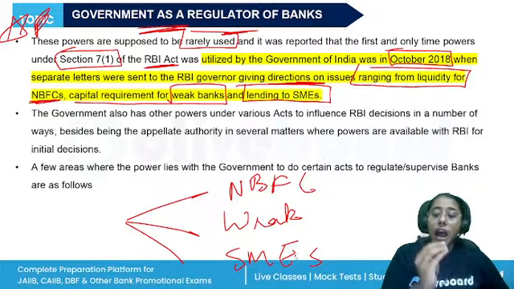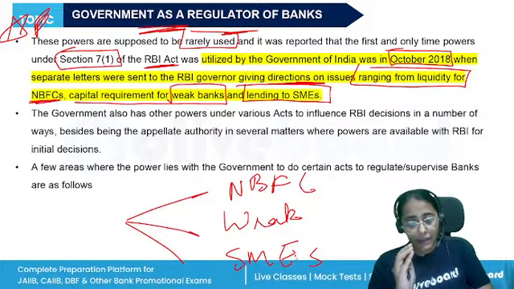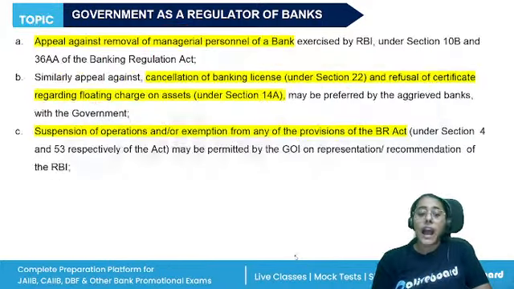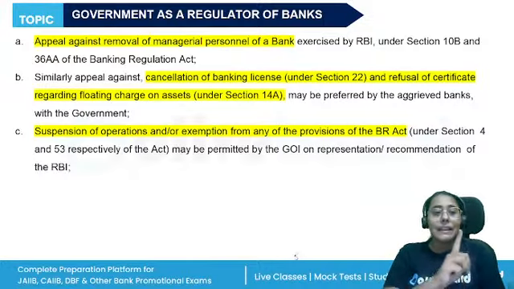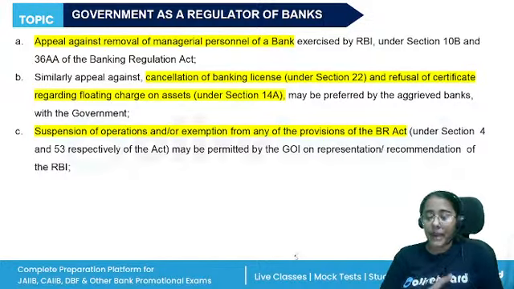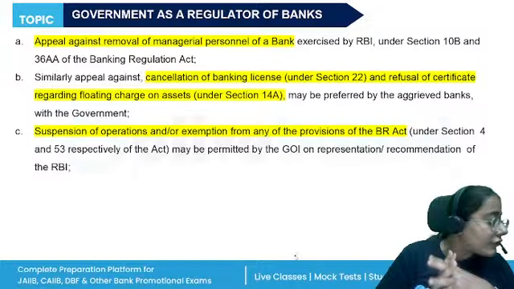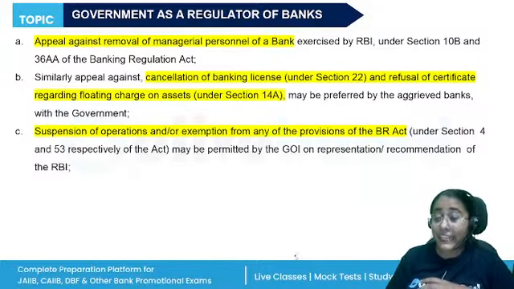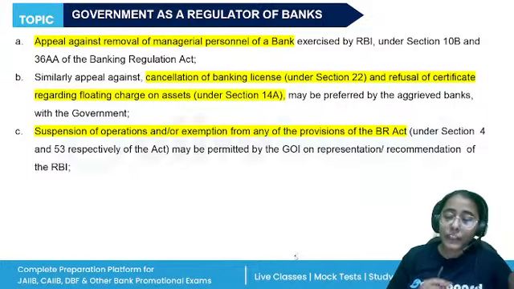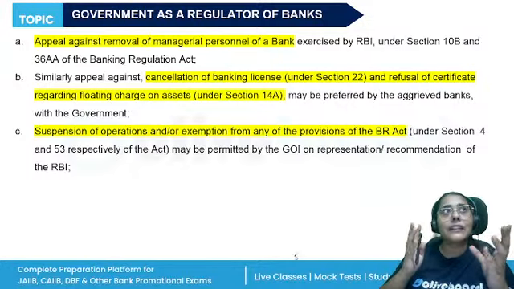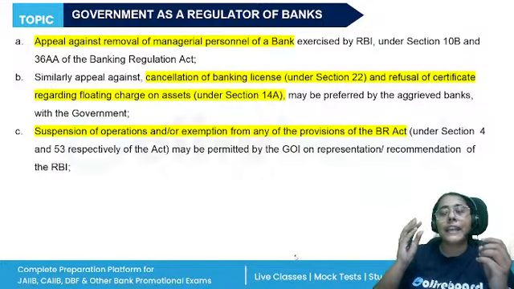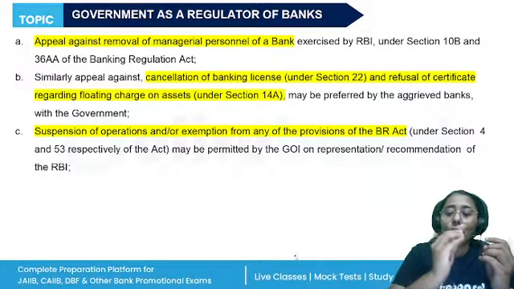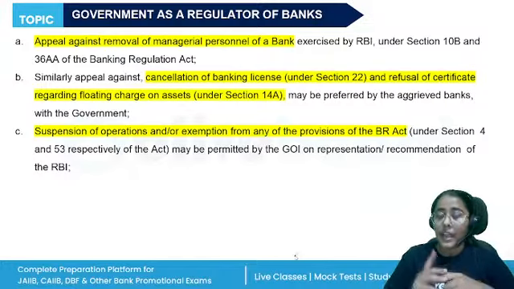All right. Other than that, the government also has powers. RBI has the power to remove any managerial person of a bank. Let's say there's a director of the bank who was found to be involved in insider trading, or corruption, or doing anything. Let's say the bank director permitted a loan to one of their family members.